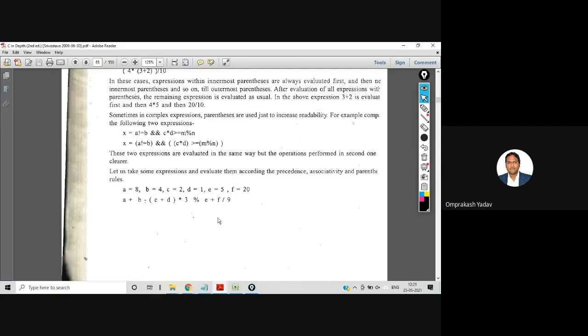Nobody has been able to solve till now. Let me see who is solving first. Trupti Pawar, 10 answer. Okay.